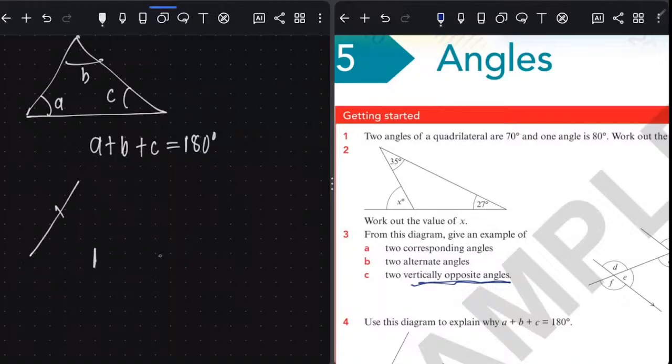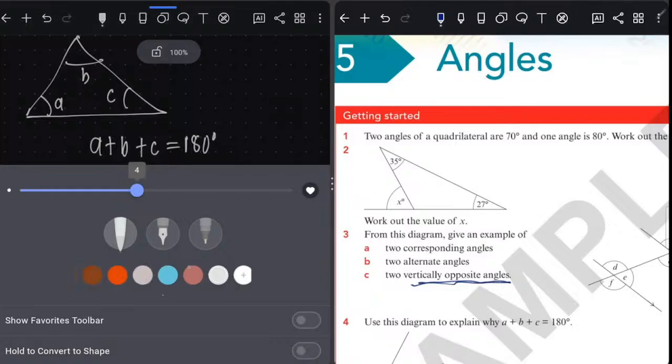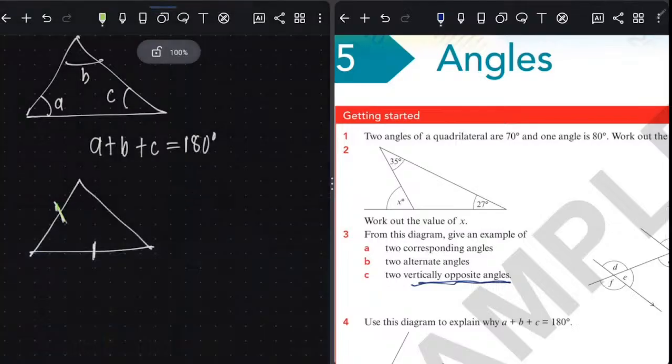They can do this. Do you know what it means? How many sides are equal here? Two sides are equal. So this one is equal to this one, right? Yes, this is an isosceles triangle, okay?